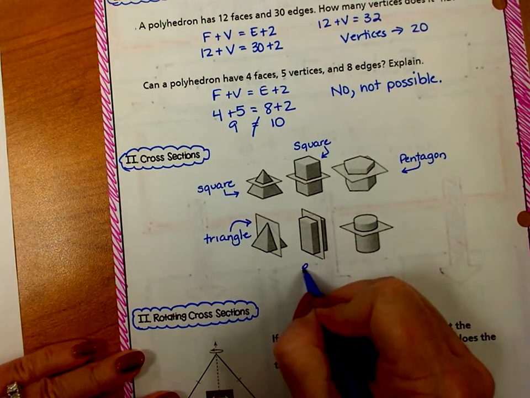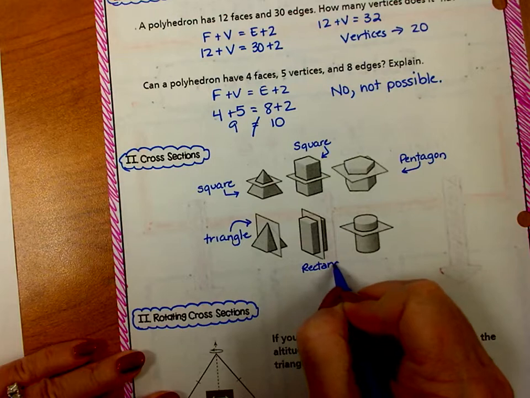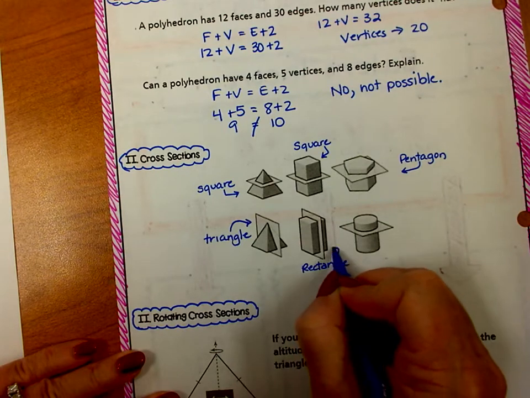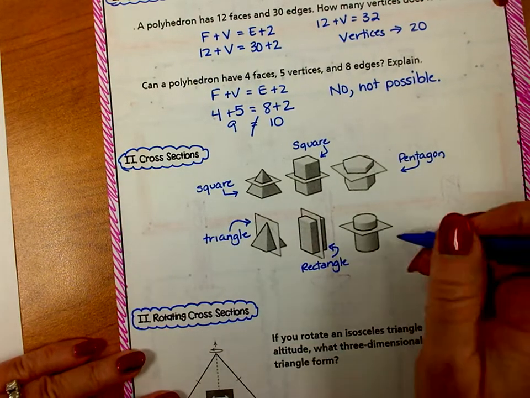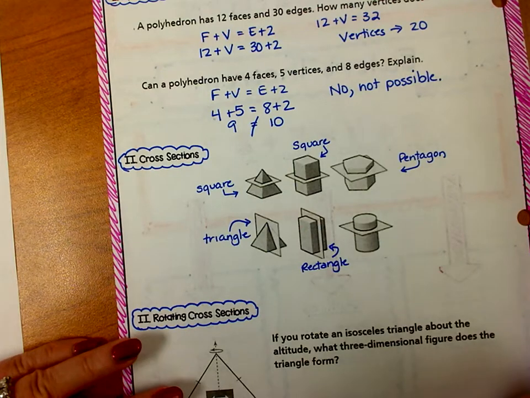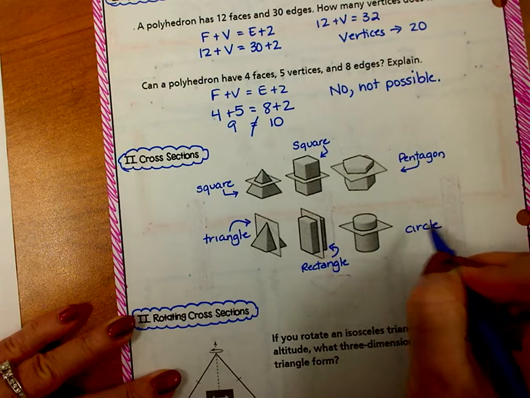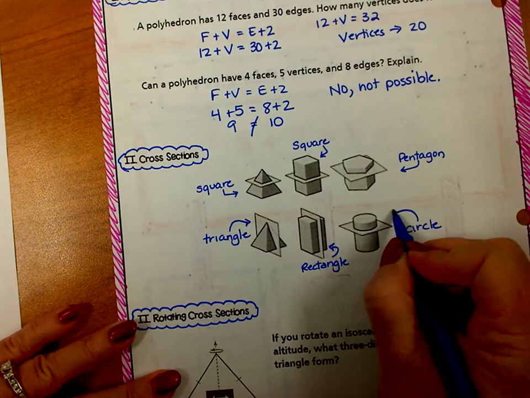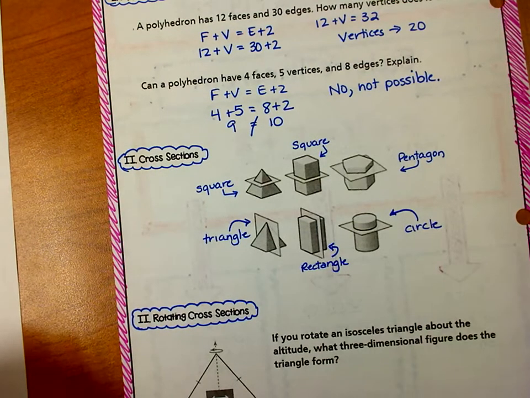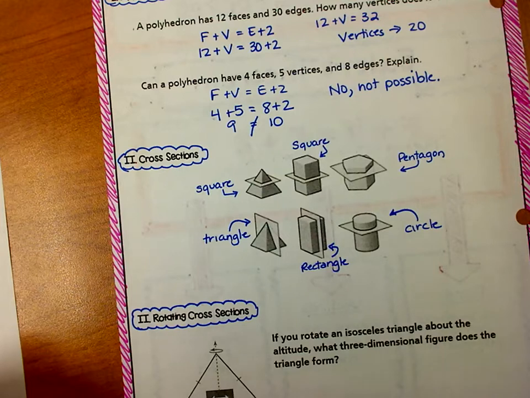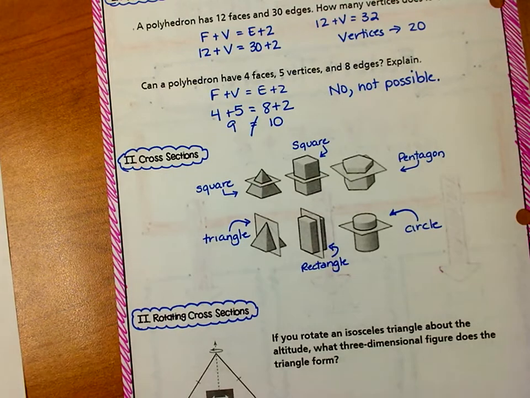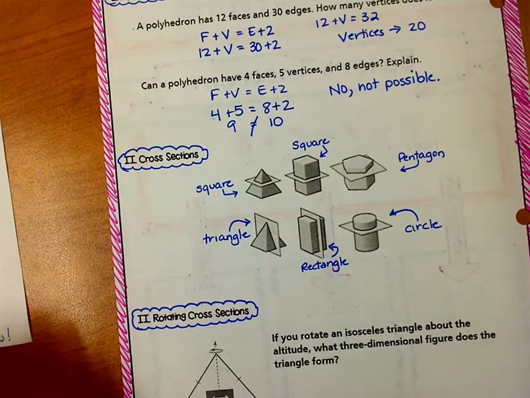This one is going to be a rectangle. And the last one is not actually a polygon because this one is going to be a circle. And circles aren't polygons because circles have curves. Polygons aren't allowed to have curves. So hopefully you got all those right. If you did, go ahead and give yourself a pat on the back. And if you didn't, I'm sure that you'll be able to next time.